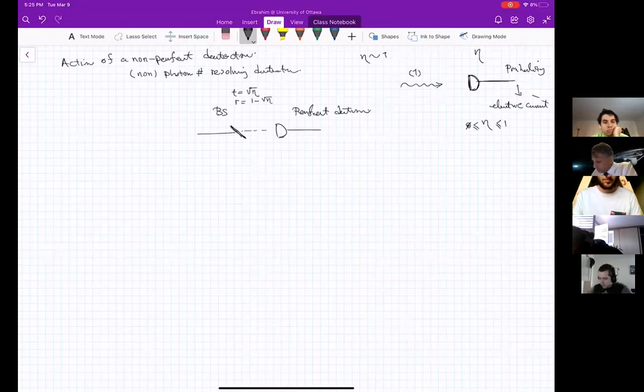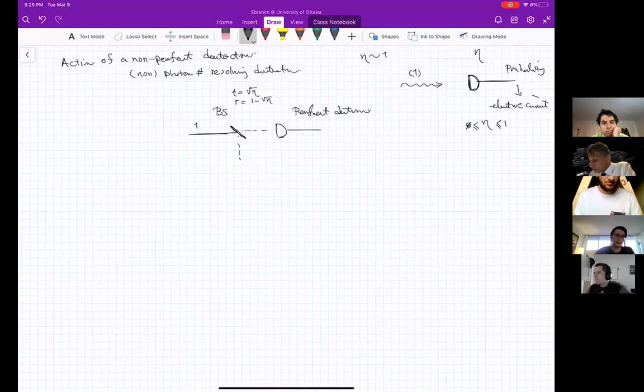If you send one photon here, at the end you have a coherent superposition of the two cases. Then the photon will be in superposition of being reflected and being transmitted. What is the coefficient of them? Square root of eta, 1 minus eta as a coefficient.